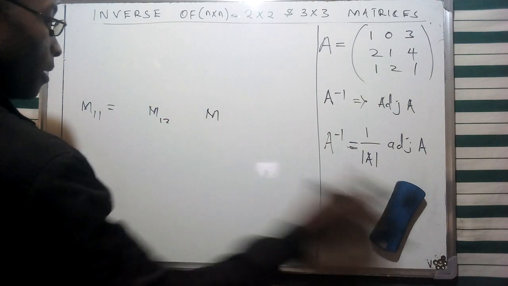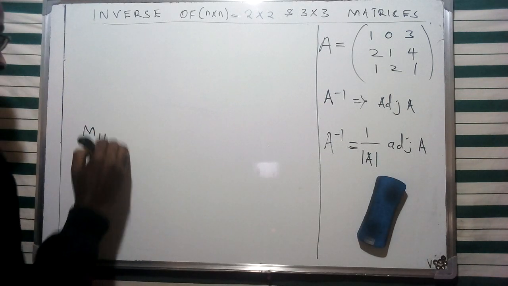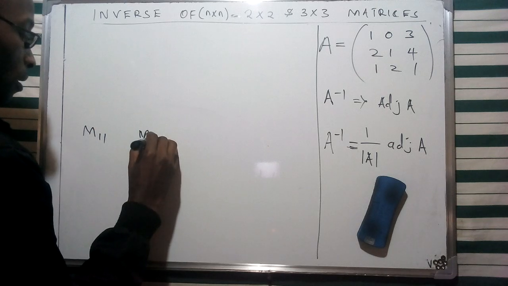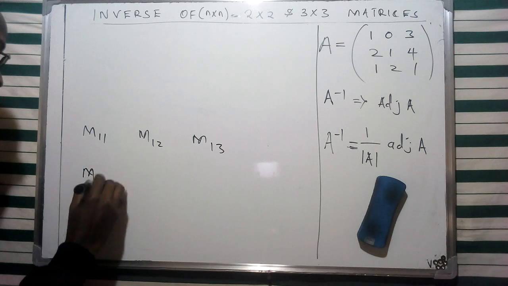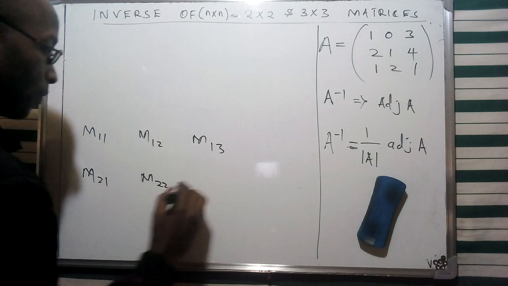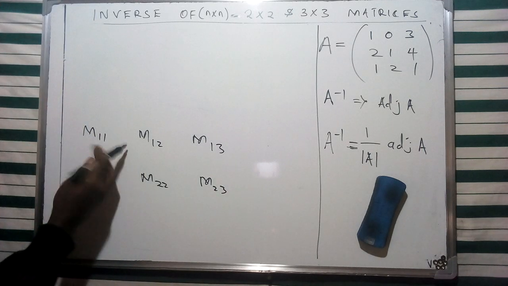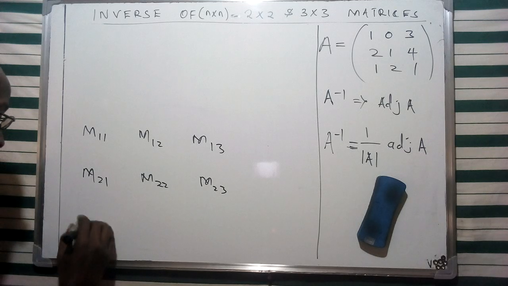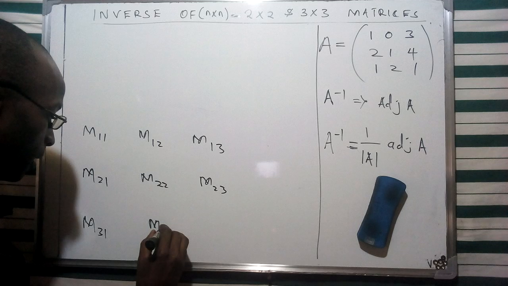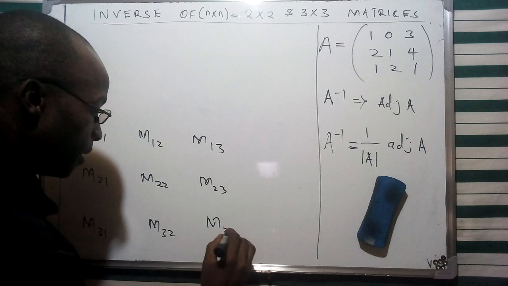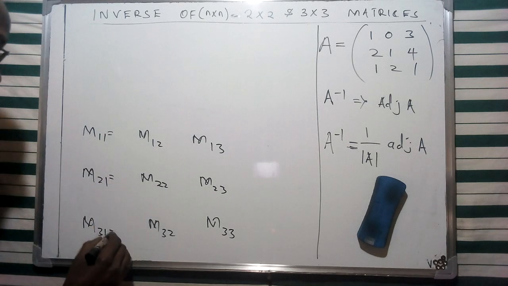So I'm just going to list the elements for the minors of that matrix, which are M11, M12, M13, and then M21, M22, M23, and then M31, M32, M33. These are the ith rows and the jth columns I'm listing beside the minors.